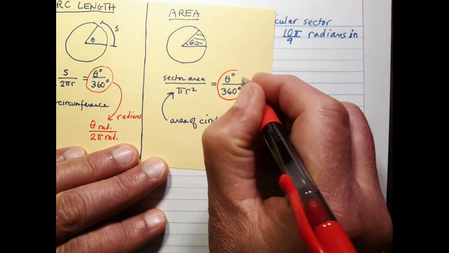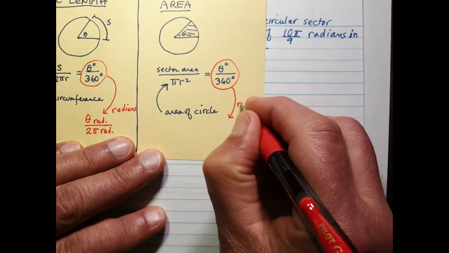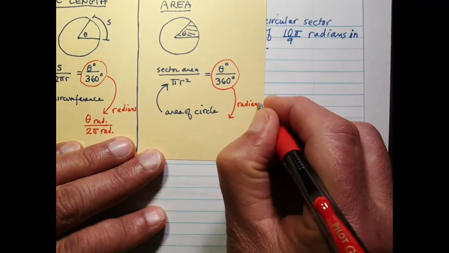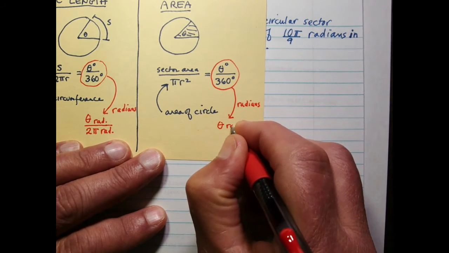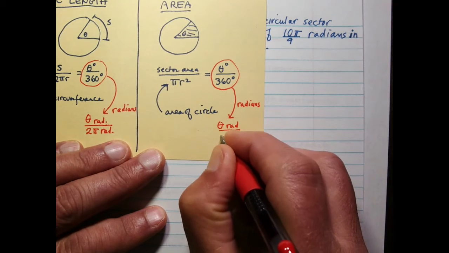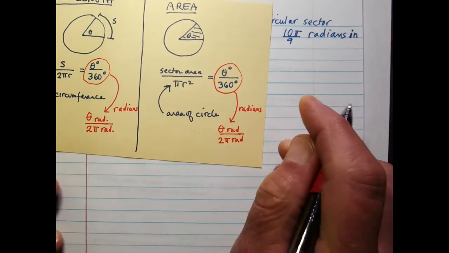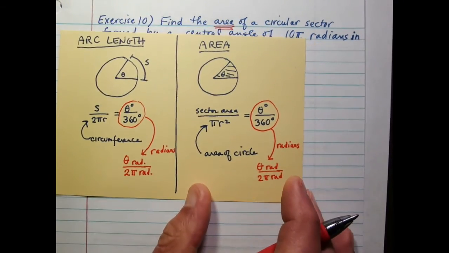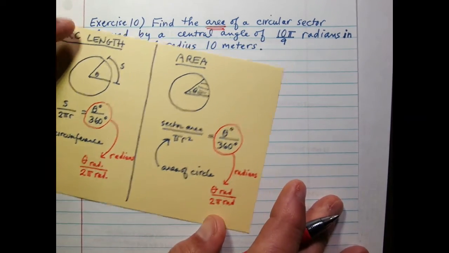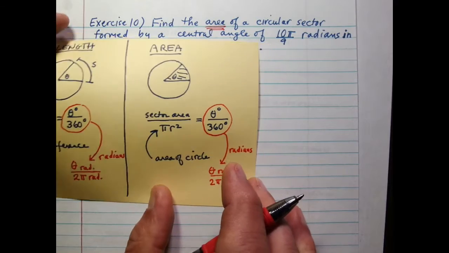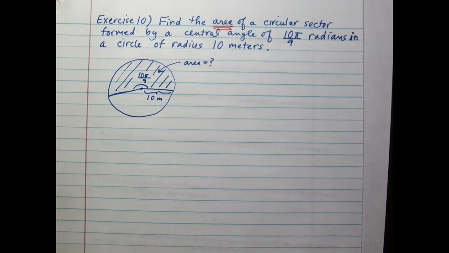I'm going to use radians, so instead of writing degrees on the right hand side, I'm going to just use my right hand fraction theta radians over 2 pi radians, which is full circle measure. I think there might also be an area formula in the textbook, but don't memorize the area formula. I just don't think that's that helpful. I think it's better to learn how to use a proportion than to memorize a whole bunch of formulas here.